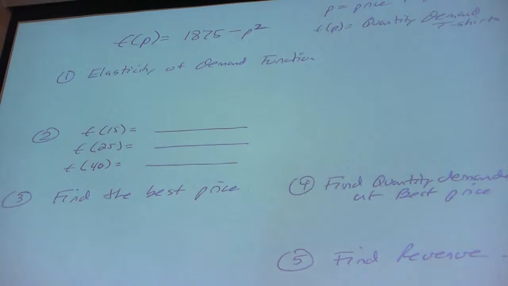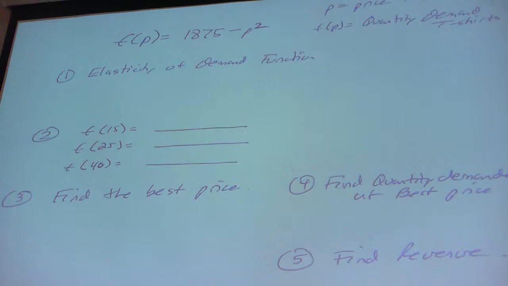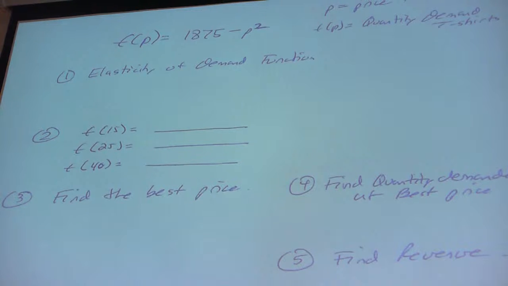Whole way. You can do this, you can do elasticity at the end. It's one thing to be able to follow along, another thing to be able to do it. In about a minute, I'll work out the demand function, just so you can check if that's right, because if that's wrong, everything else is wrong.